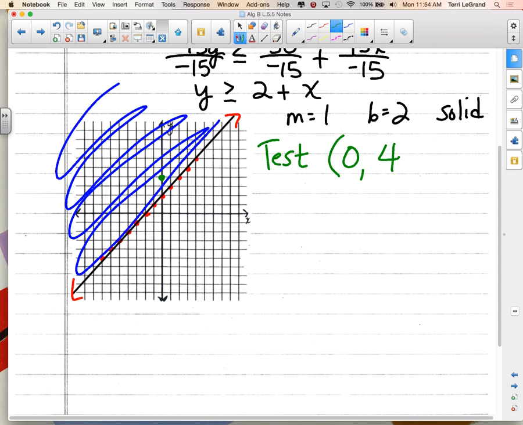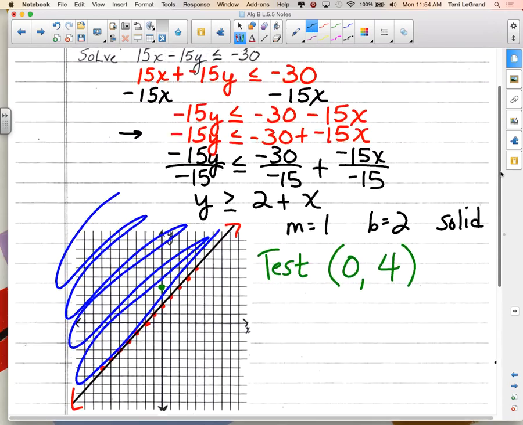Where should you test it at? In the original inequality statement. Don't test it in your renamed one because you might have named it wrong.